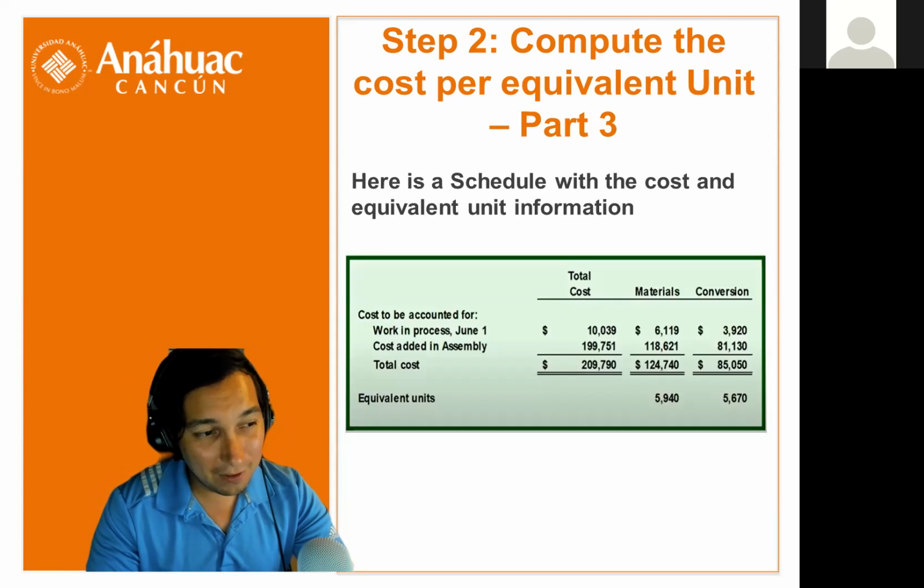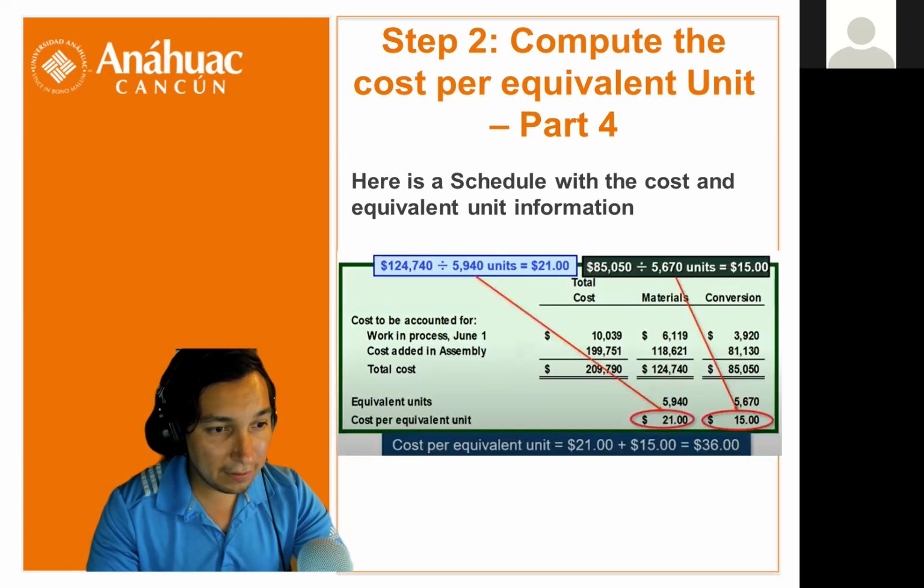Remember our equivalent units of production. So for the conversion, we do the same. We have the beginning conversion cost and the cost added during the period, which is 81,130, and we get to our total conversion cost of 85,050. And again, we divide it by the equivalent units of production that we computed in step 1.